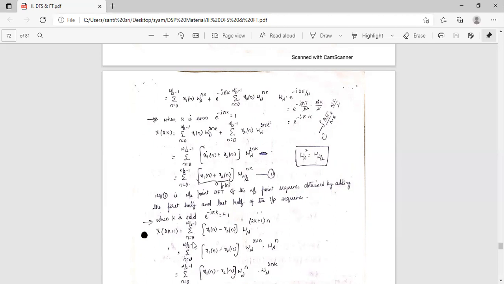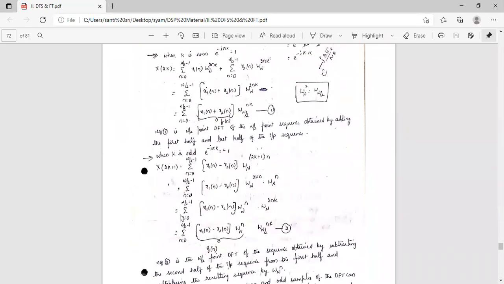So sigma n equals 0 to N/2 minus 1 whole into x1 of n minus x2 of n into W_N^((2k+1)n), right? Or we can extract this as W_N^(2kn) into W_N^n. So it will become sigma n equals 0 to N/2 minus 1 x1 of n minus x2 of n whole into W_N^n into W_N^(2nk), or we can write this as W suffix N/2 power nk, right?